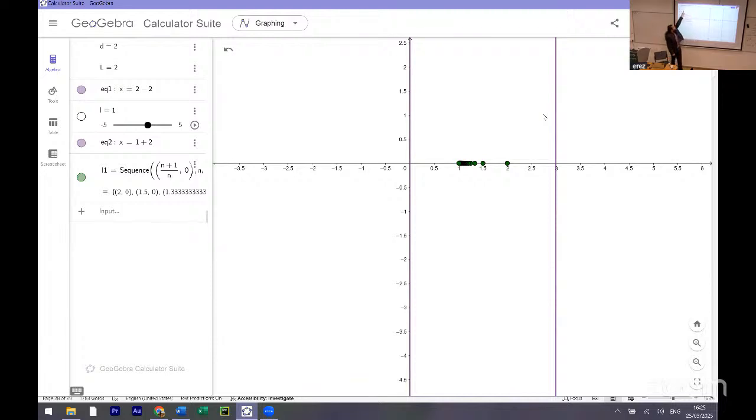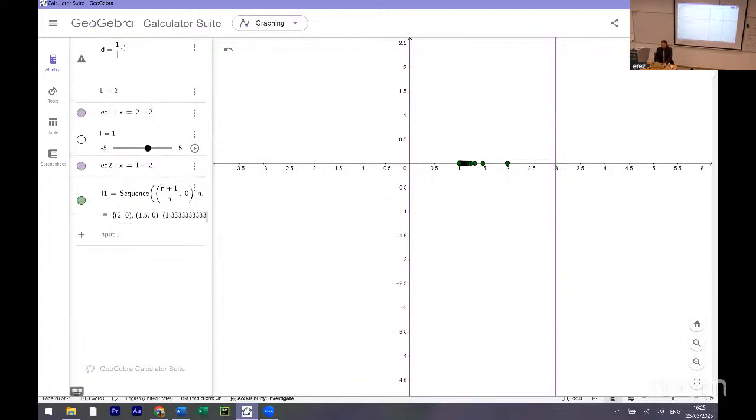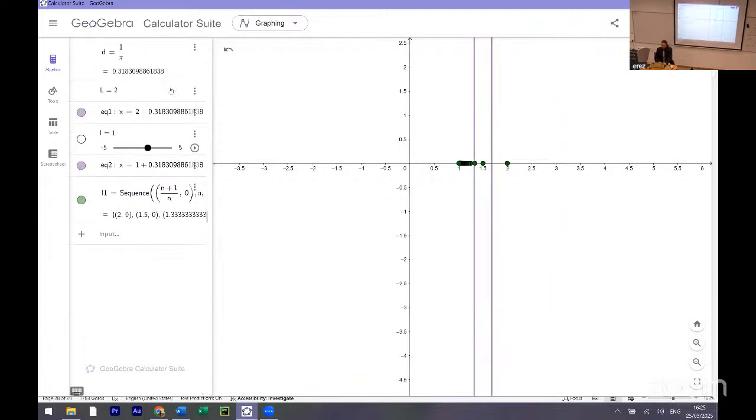Now I change the limit to 2 and the epsilon 2. So the area is between 0 and 4. All of the elements are here. Does that mean that 2 is the limit of the sequence? Why not?